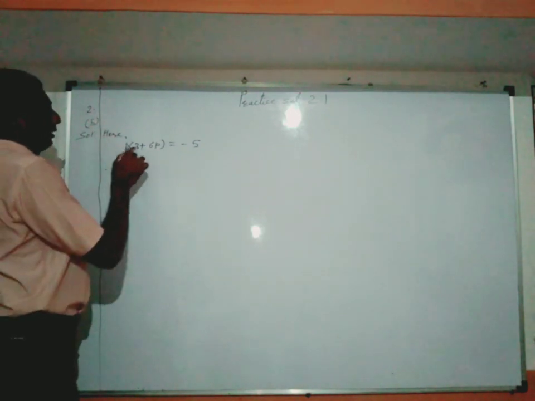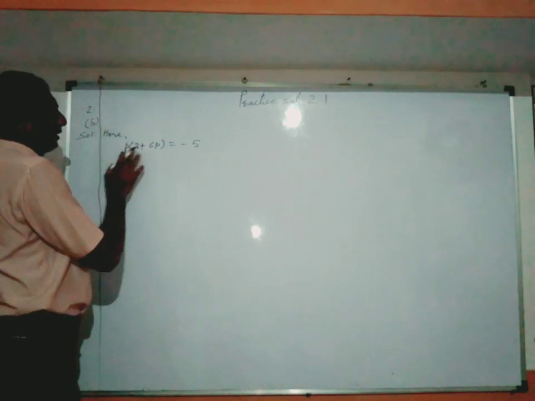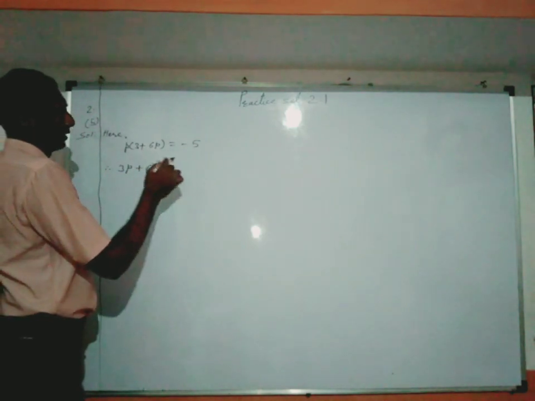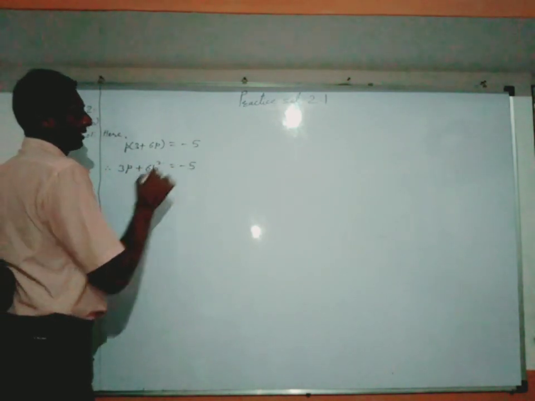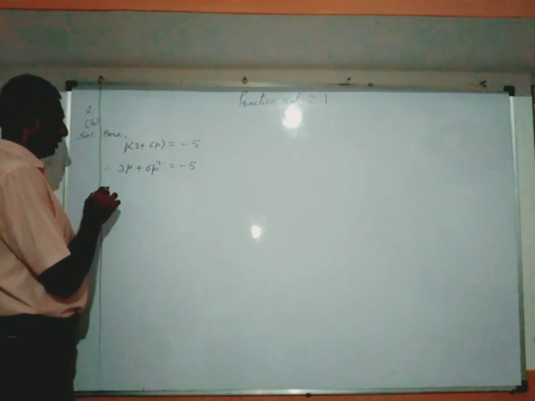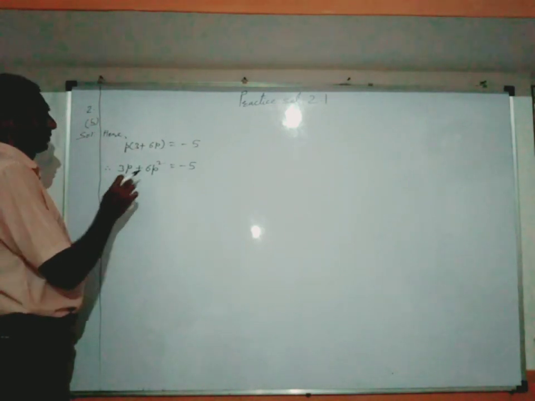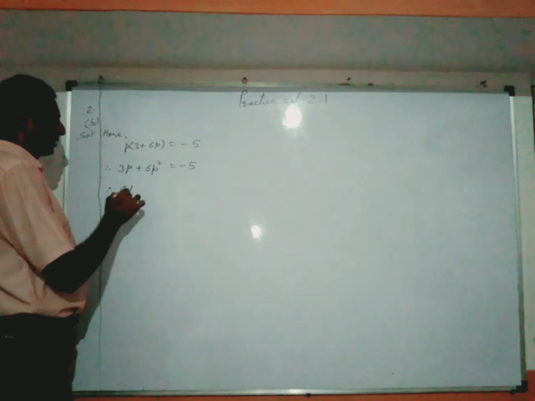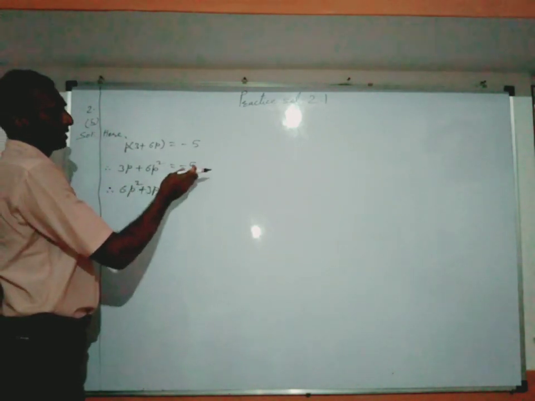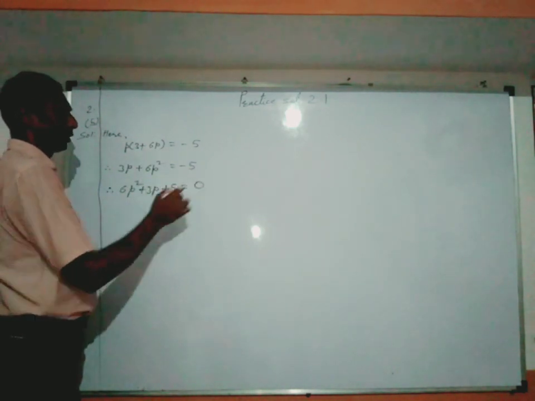Therefore, p into 3 gives us 3p. p into 6p gives us 6p square equal to minus 5. Now, let's rearrange all these terms in descending powers of variables. Therefore, it will be 6p square plus 3p. On transfer of that minus 5 from right to left, it gives us plus 5, that equal to 0.